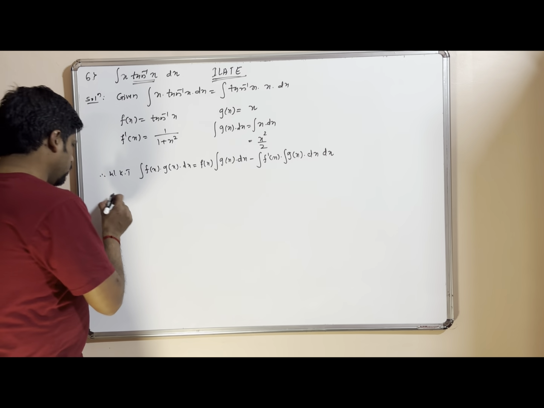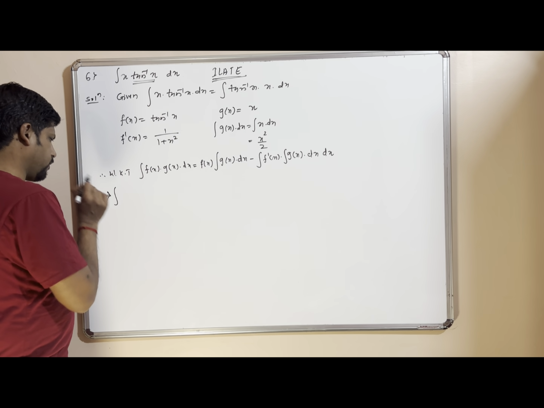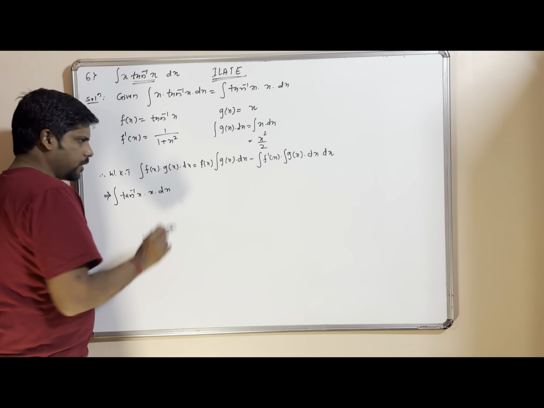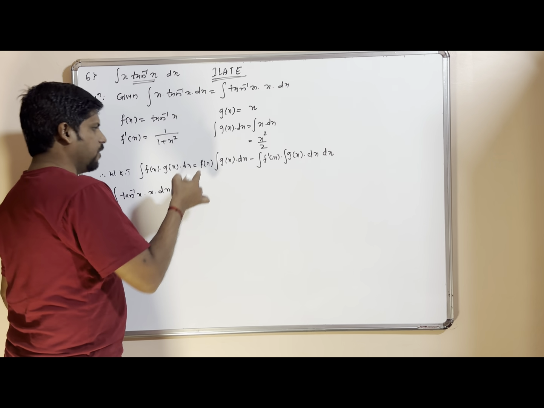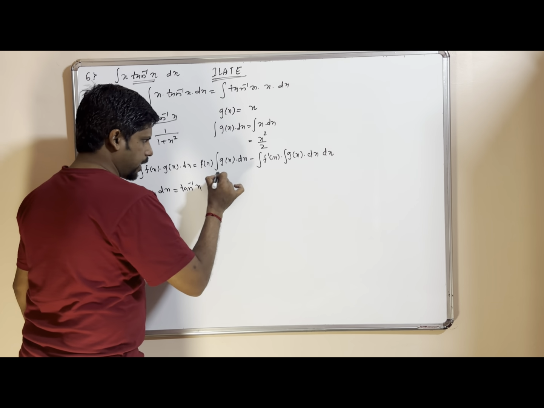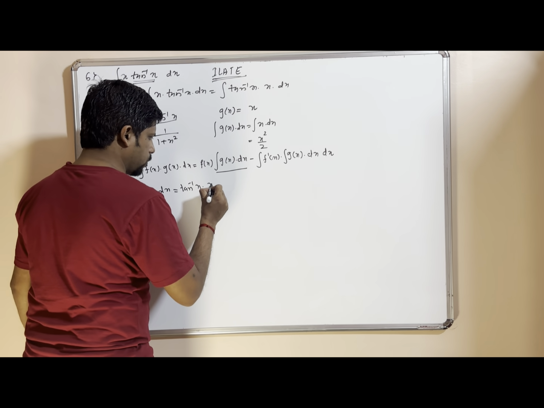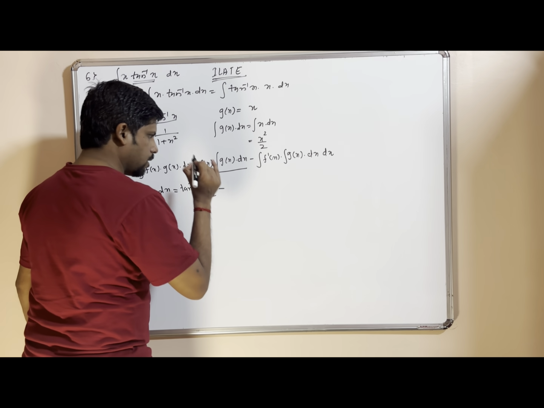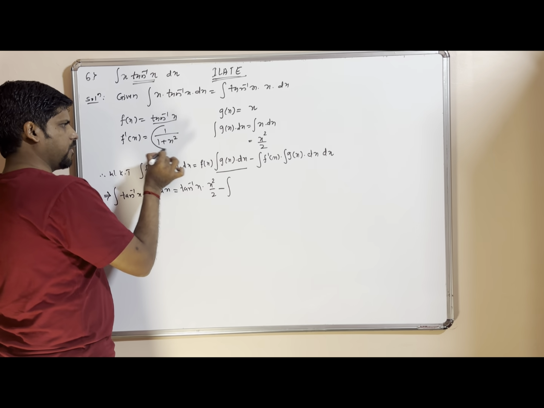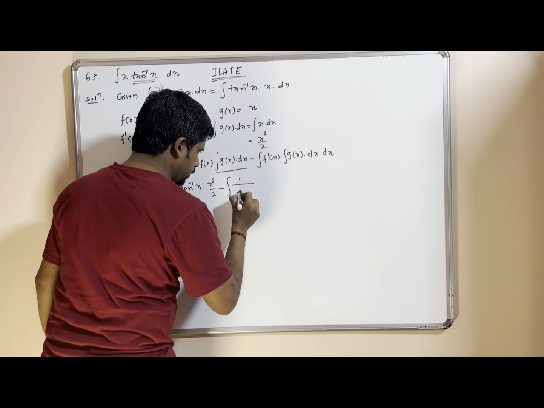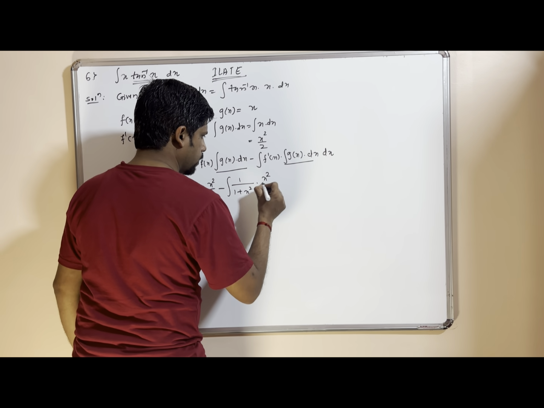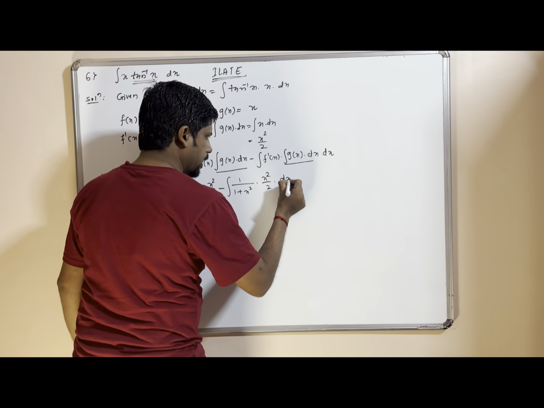Now substitute. We get the integration of tan inverse x into dx is equal to, what is f of x? Tan inverse x, write it as it is. Here we know that the integration of g of x into dx is x square by 2, minus the integration of f dash of x, which here is 1 upon 1 plus x square, times the integration of g of x, x square by 2, into dx.